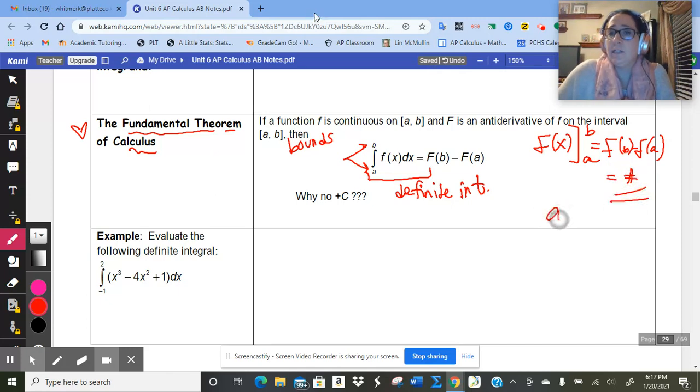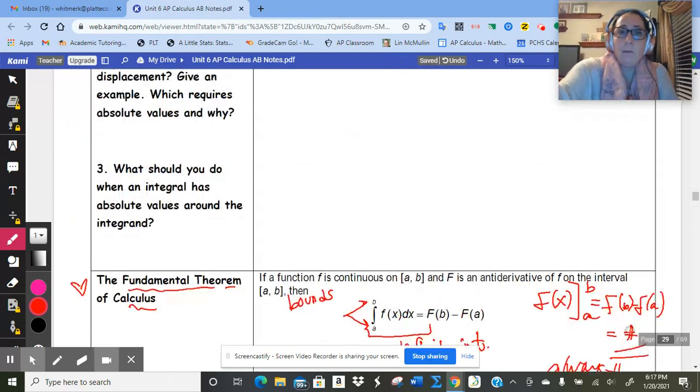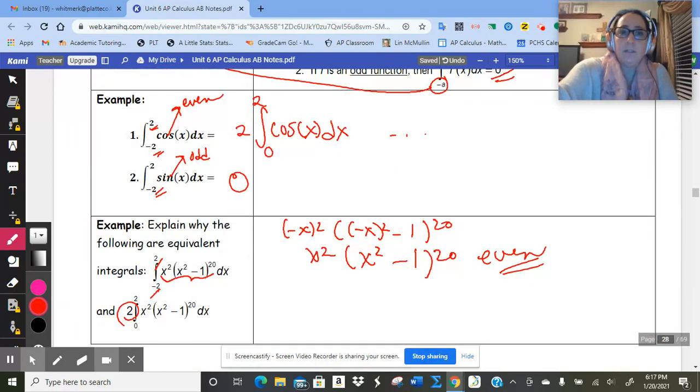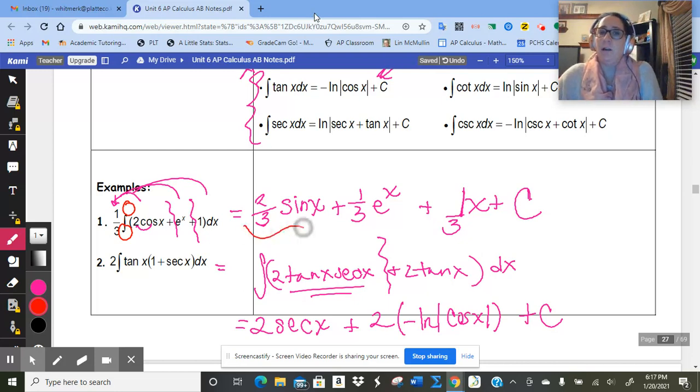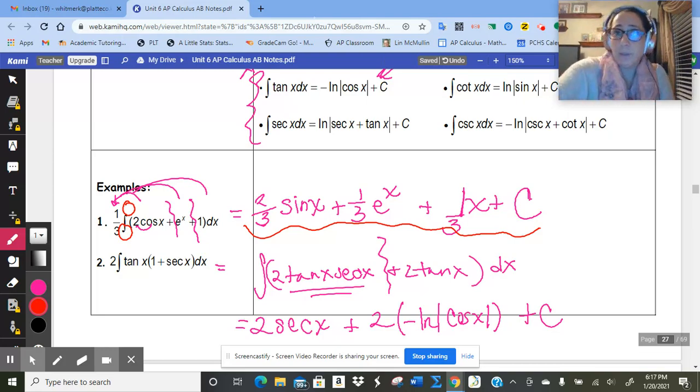So my answer is always a number when I have a definite integral. Back before, when we were doing indefinite integrals, we didn't get a numerical answer because we didn't have the bounds. So when we didn't have the bounds, our answer was in terms of a function, not a number.